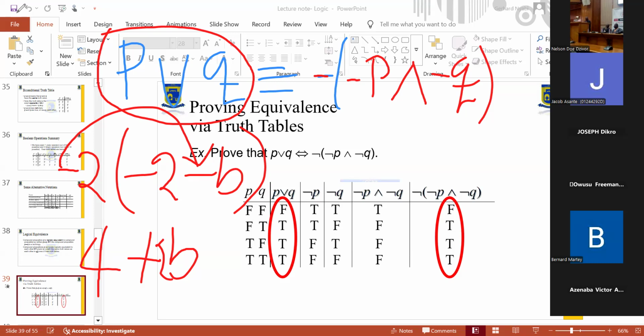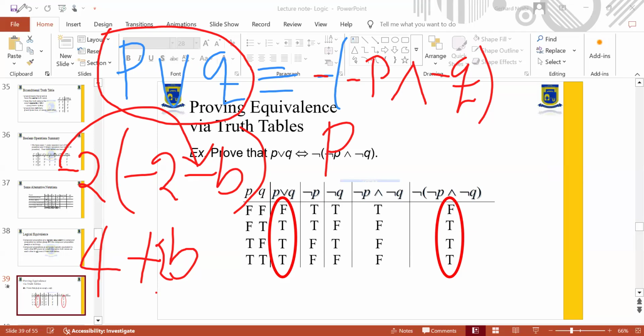So negative times negative P will give you positive P, right? You can see from this level that when you multiply -2 by negative B, it gives you positive 2B. So if this negative affects this operation, it will then change to or.